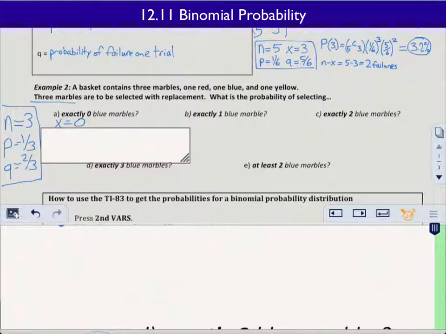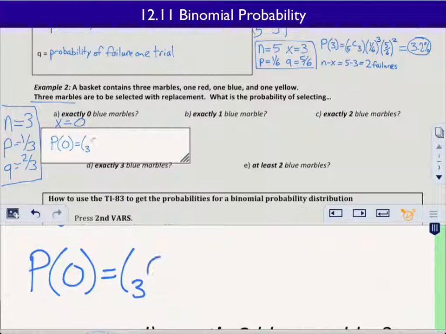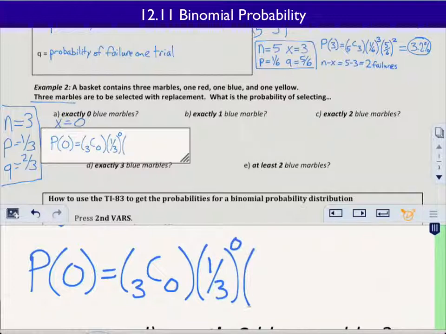So the probability of getting exactly 0 marbles in 3 tries is 3c0 times 1/3 to how many successes we want, which is 0, times the probability of failure, 2/3, and how many times we want that failure, which would be 3 times.